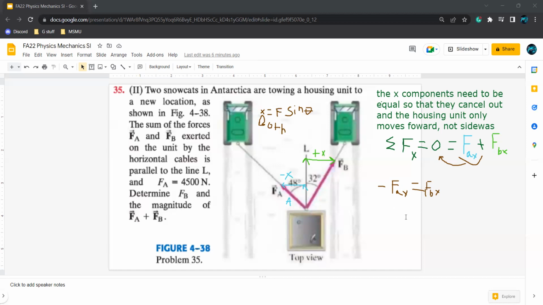I think I can type it from here. It's negative f a, positive, sine, what is that, 48 degrees? I'll leave it as sine theta, equal to f b sine theta. And then when you plug that in, oh wait, no, you're gonna have to divide. I'll write that part.